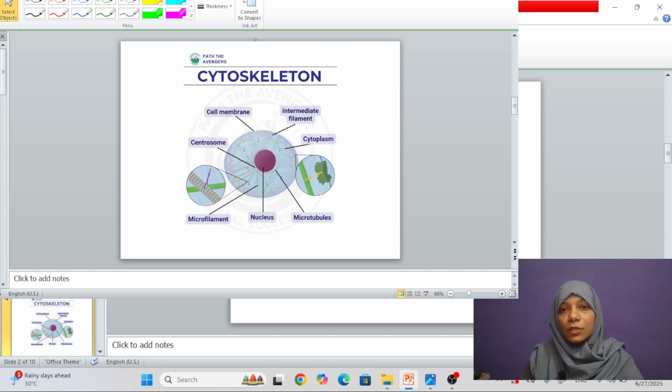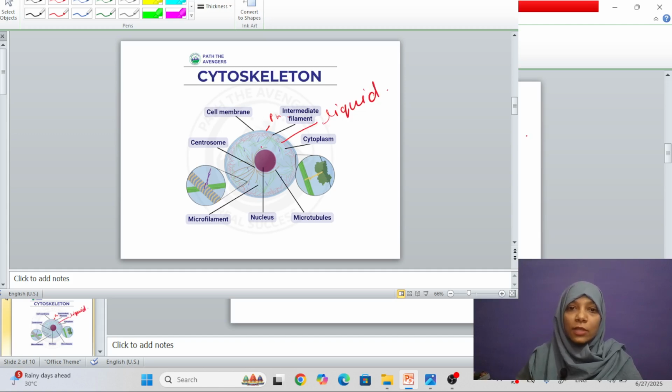Okay, this is the structure of the cytoskeleton. What is the cytoskeleton? The cytoskeleton is the most important structure of the plasma membrane because it provides the shape of any cell. This is the plasma membrane, and inside it is some liquid portion.